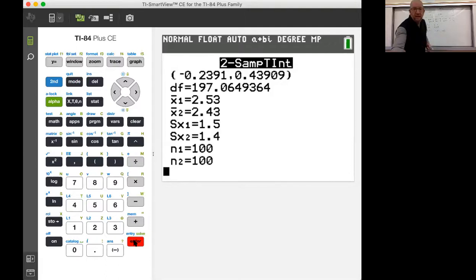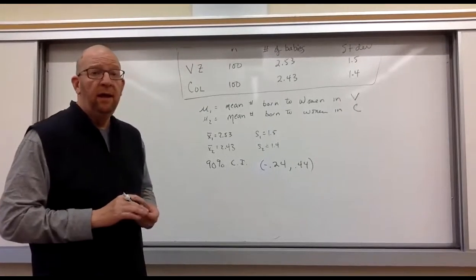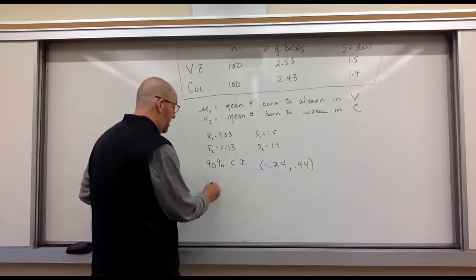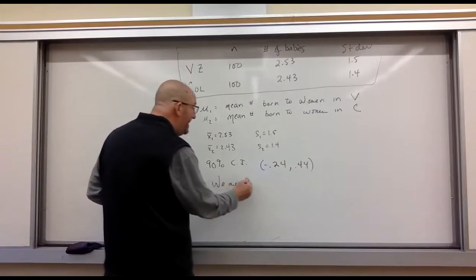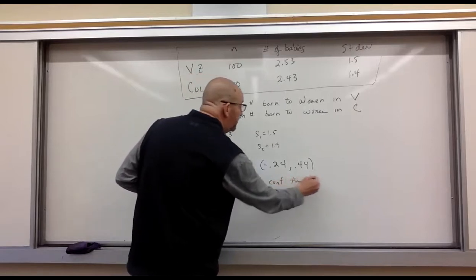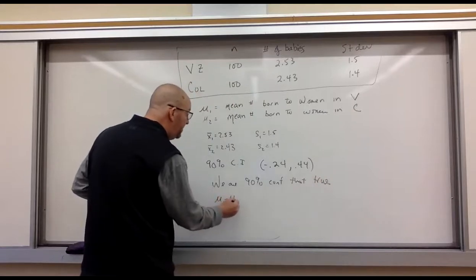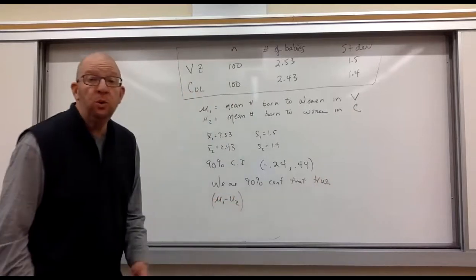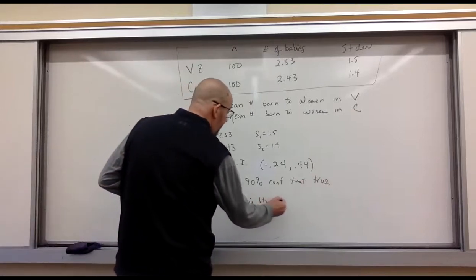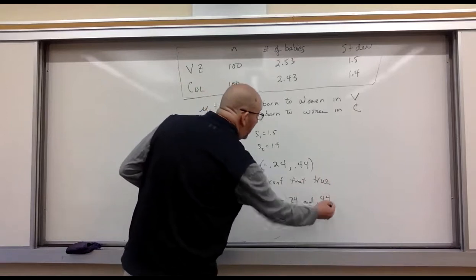Okay, let's take a look at what this means. Well, you already know what it means, don't you? We are 90% confident that the true difference, remember, we are studying the difference mu1 minus mu2, is going to be between negative 0.24 and 0.44.